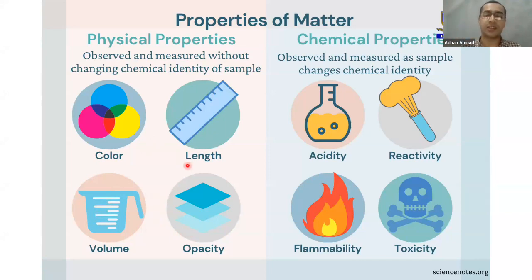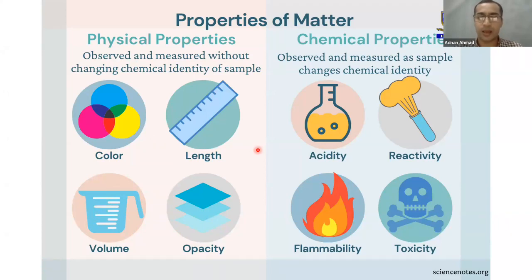Opacity. What is opacity, Adrian? Do you know? Yeah, if the object is transparent or less transparent. This is the opacity. Yeah, you have the concept. Opacity is the property of the object, and we define it by how much light can pass through it.